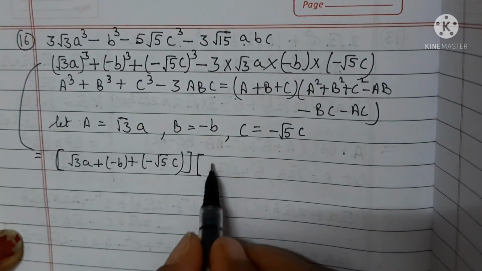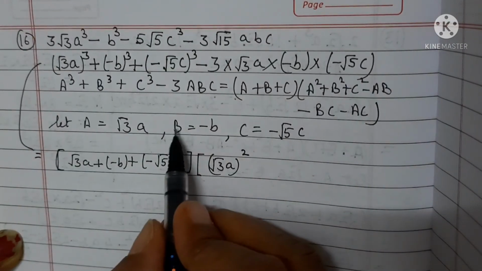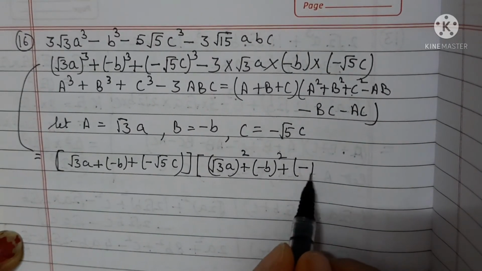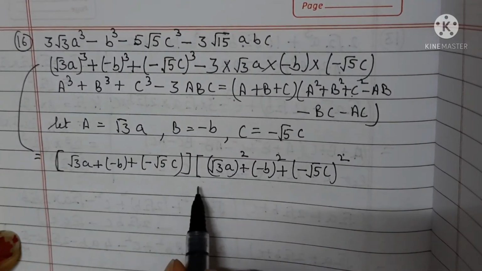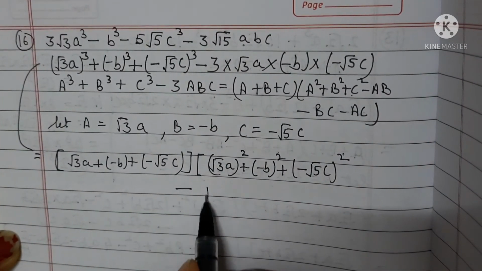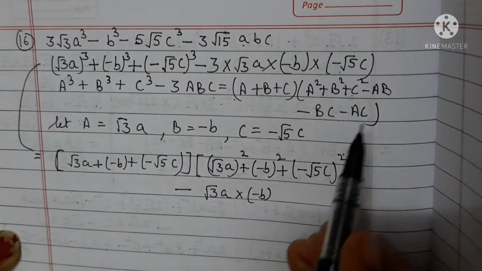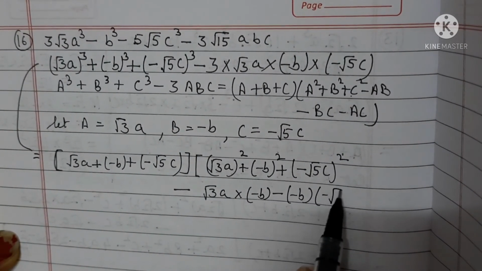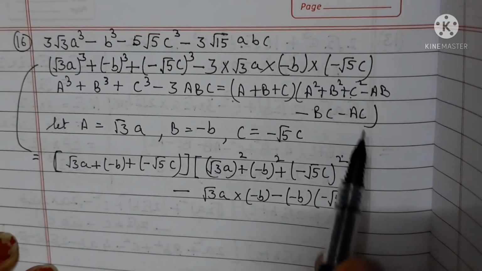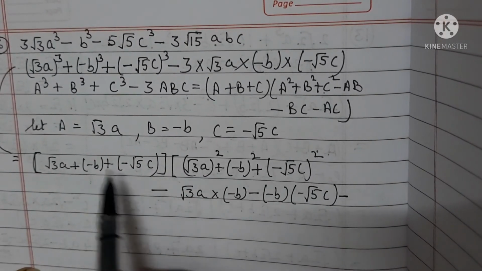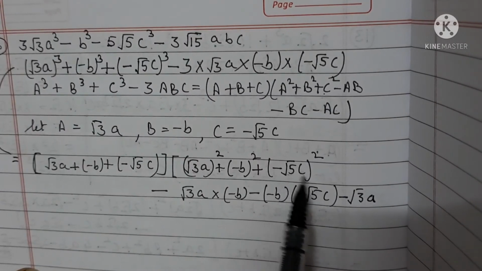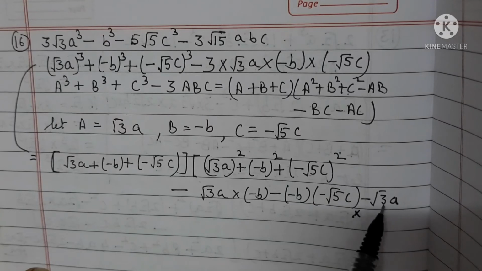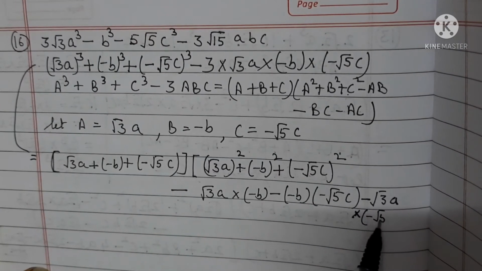Next a² means (√3 a)², b² means plus (−b)², plus c² means (−√5 c)², minus ab, here √3 a and b is −b, minus bc, b is −b and c is −√5 c, and minus ac. Here a means √3 a and c is −√5 c.